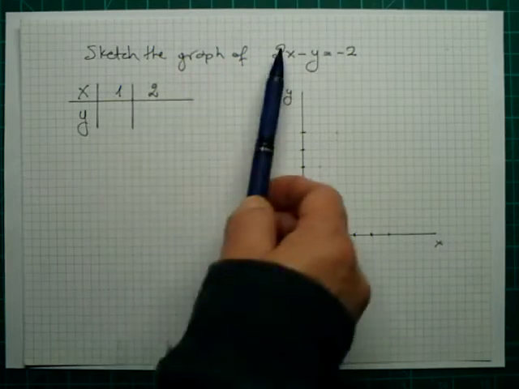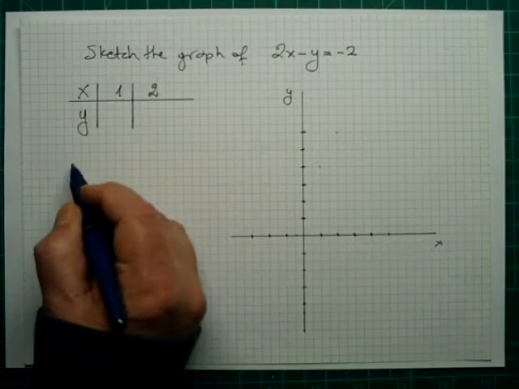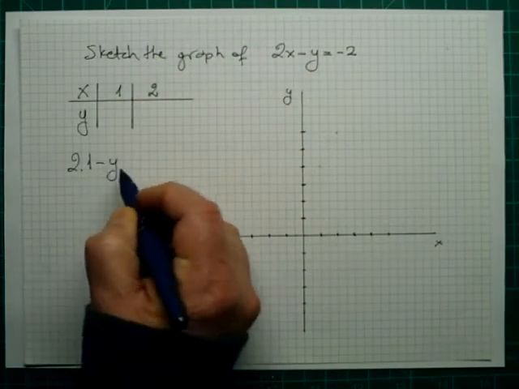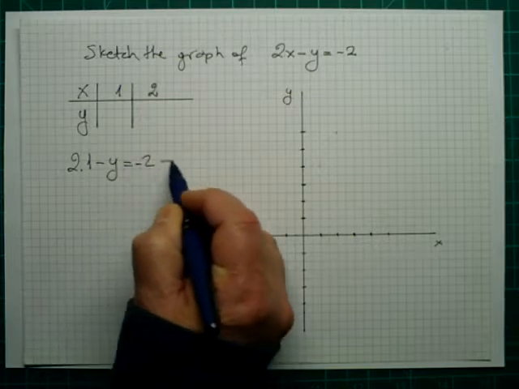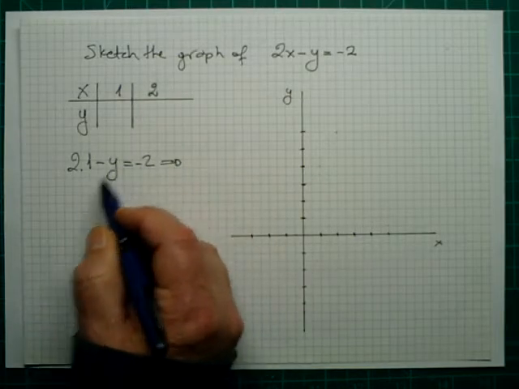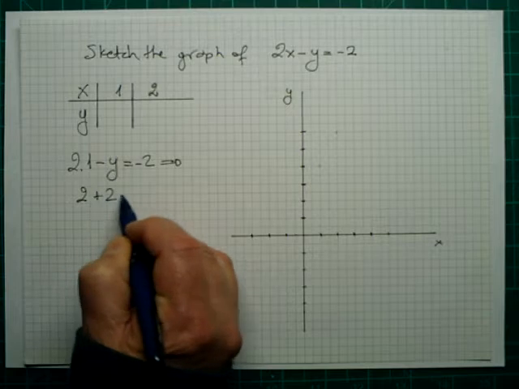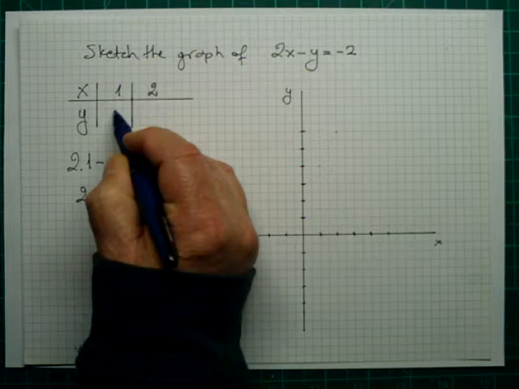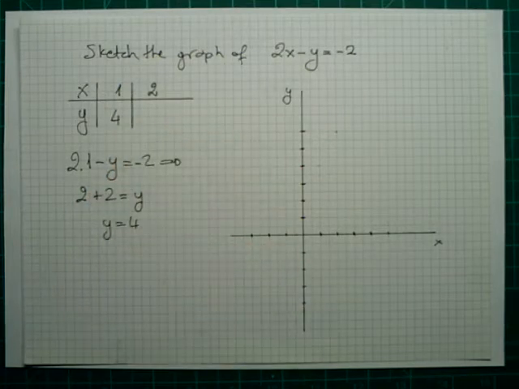If we put x equals 1 in this equation, we get 2 times 1 minus y equals minus 2, and now we shall find y, which is 2 plus 2 equals y, and y equals 4. So this cell is 4.